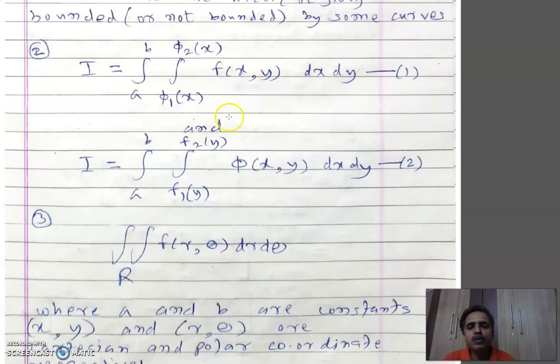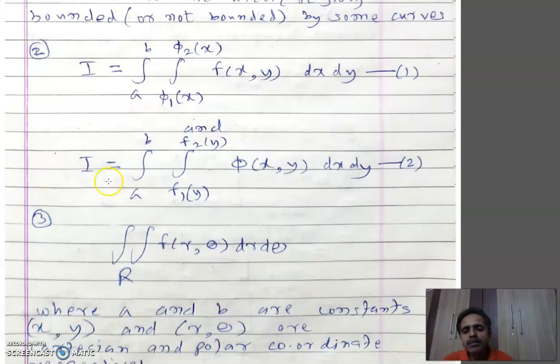Look at equation 2, in which the roles of x and y have been changed. In the first equation we have a function of two variables x and y, and the inner limits are functions of x alone. In the second equation we have phi(x, y), some function of x and y. The inner limits are f1(y) and f2(y), both functions of y alone, and the outer limits are constants.